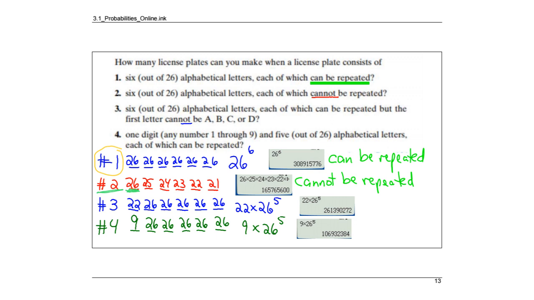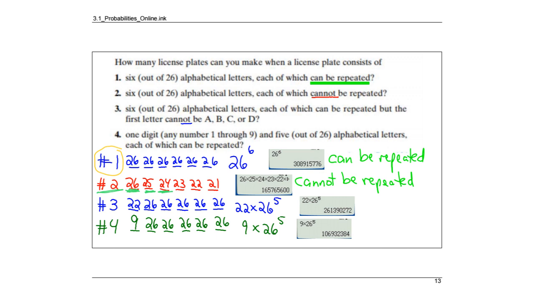So for the second letter, we only have 25 choices because we can't use the letter we used in the first one. For the next one, we only have 24 choices because, again, we can't use the 2 letters we already used. And we're going to work our way down. If you multiply those together, you get almost 166 million. So you can see it's a big difference. By letting you repeat the letter, there's a lot more choices. If you don't let it repeat, you don't have as many choices.